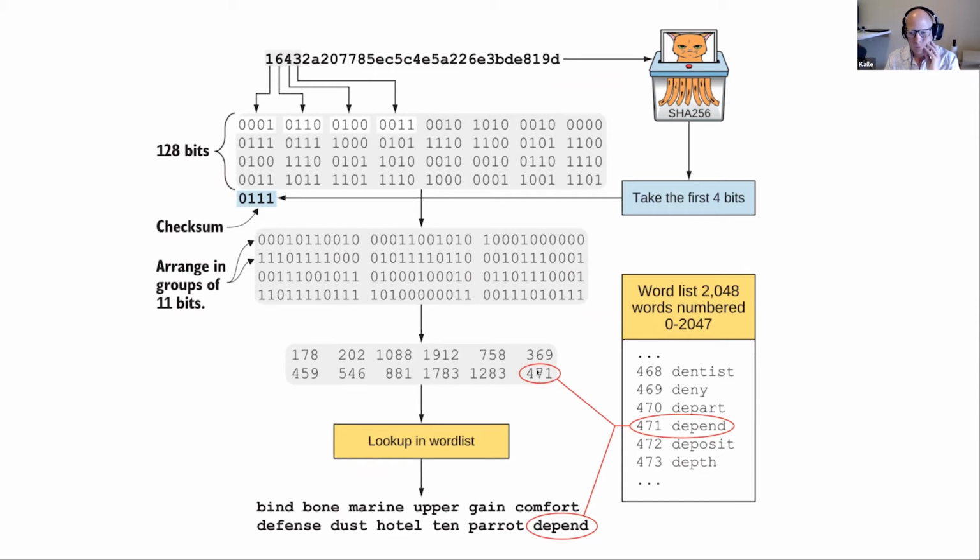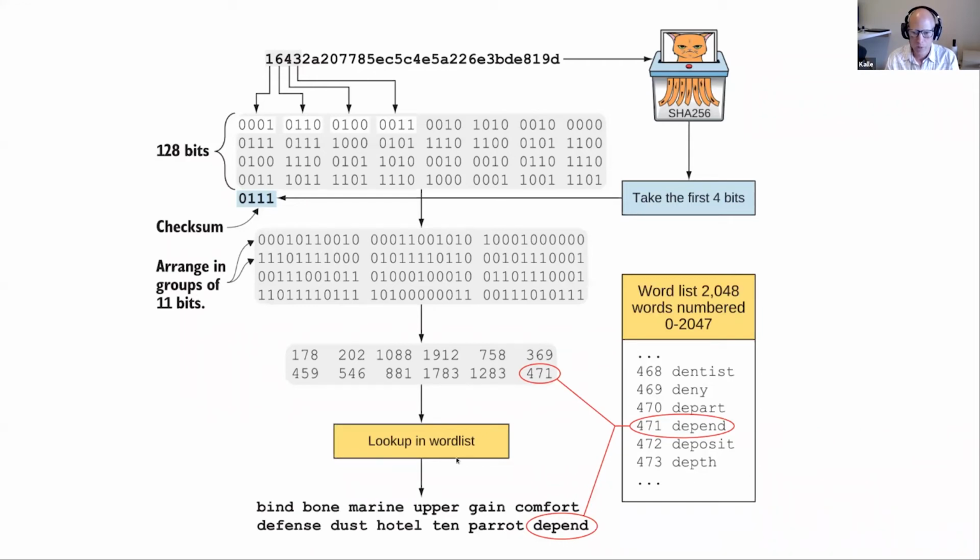These numbers are then looked up in a word list that contains 2048 words, and this list is standardized. So you can use more or less any implementation of a wallet and read in your backups, which should be interoperable between the different wallets. That's why we have a very specific word list here.